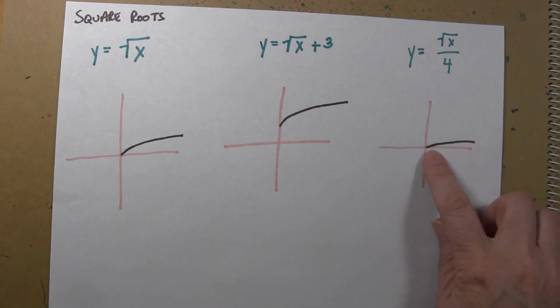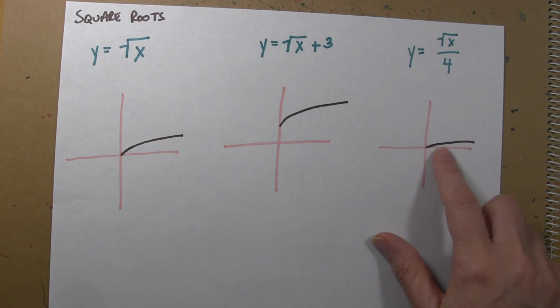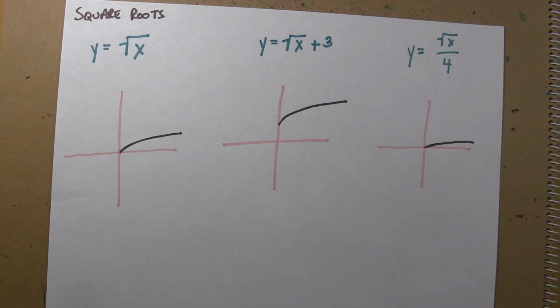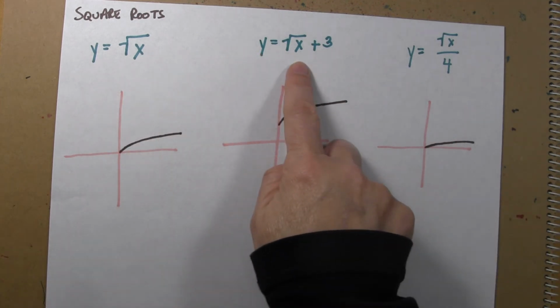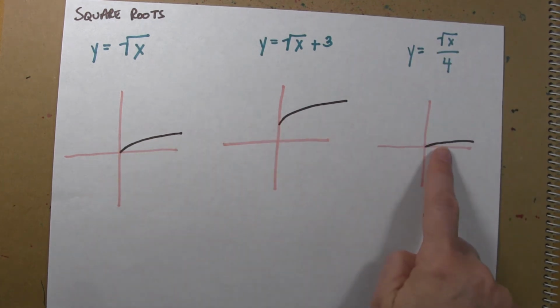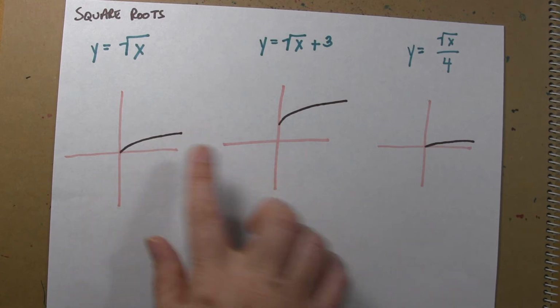And here we have it narrower, I guess. The slope is less than it is over here because we're dividing everything by 4. But no matter what, when you see the square root of x, you are expecting this slow sloping shape.